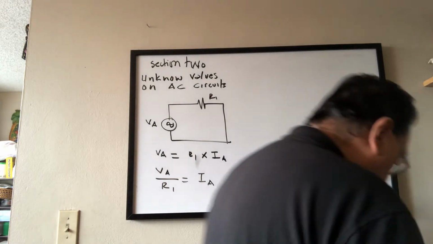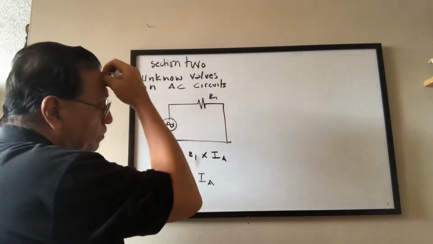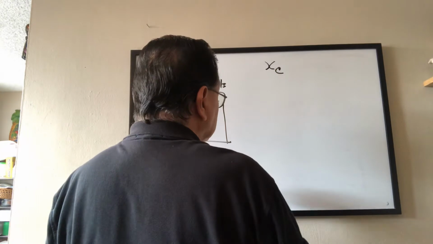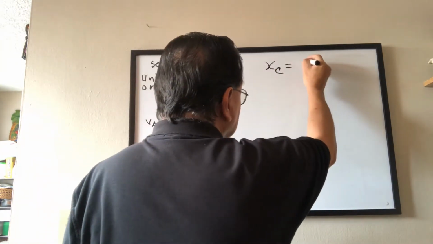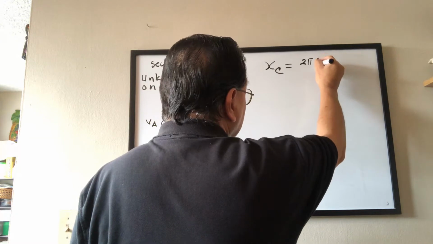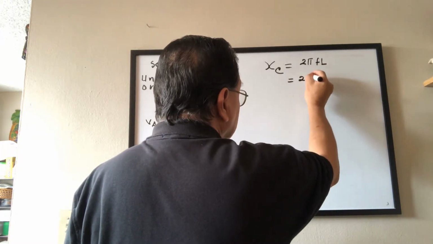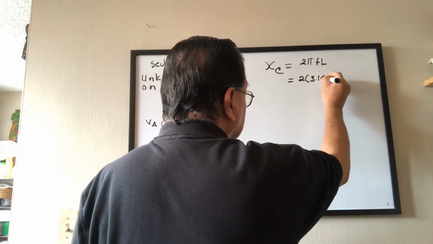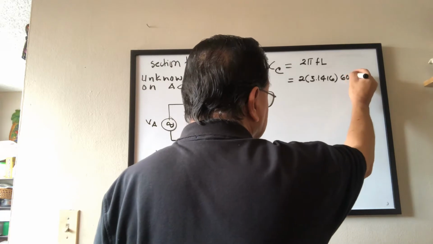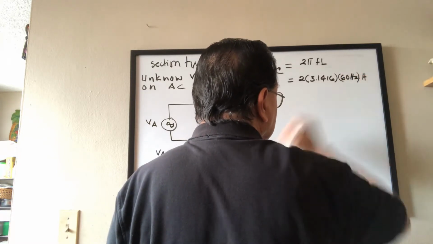So we need to define that the resistance presented to the source by the inductance is represented by XL and is equal to 2 times pi times the frequency times the inductance. This is 2 times 3.1416 times the frequency 60 Hertz times the inductance in henries.